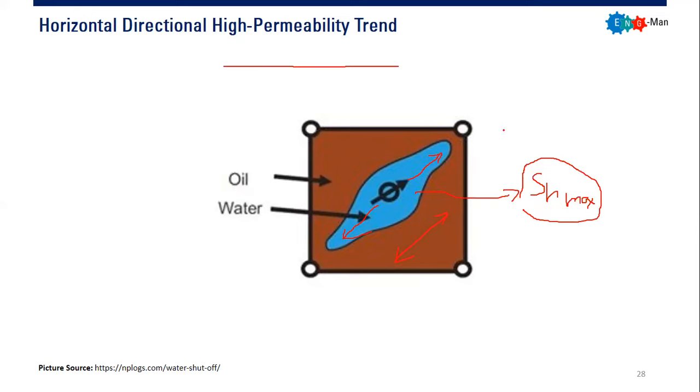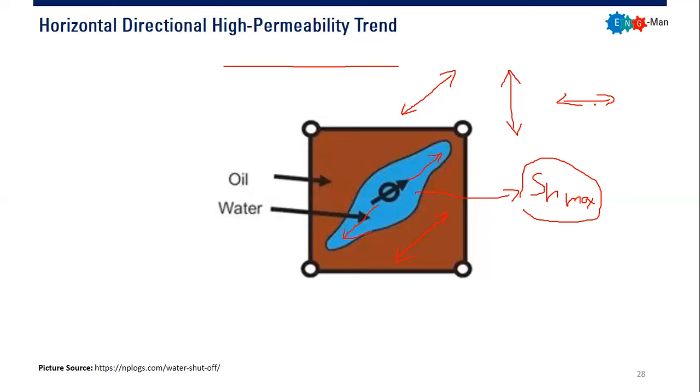Somehow permeability trend is greater in a particular direction, whether it is like this or like this, driven by the deposition. But again, it can also be due to the maximum horizontal stress direction.